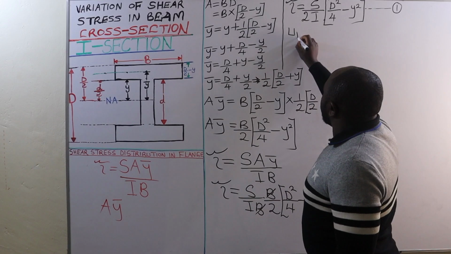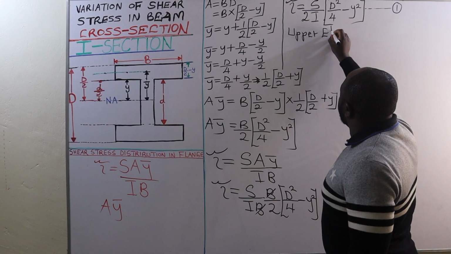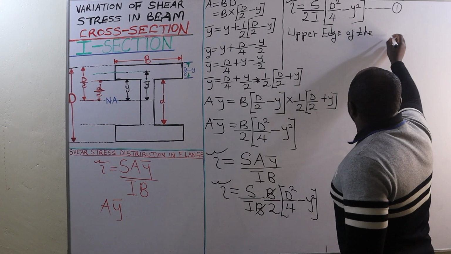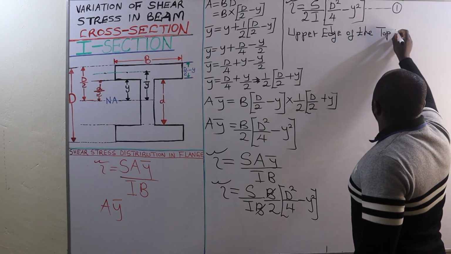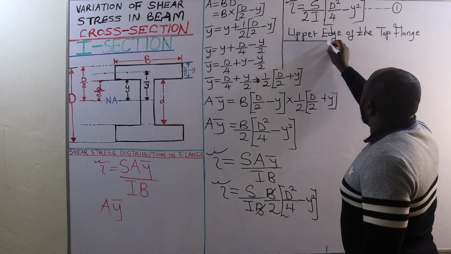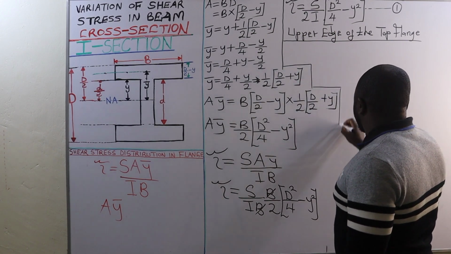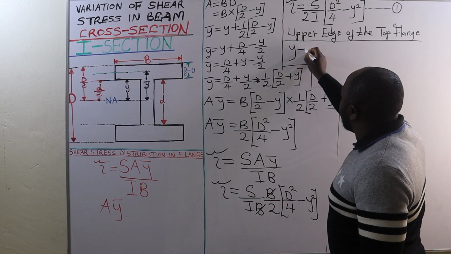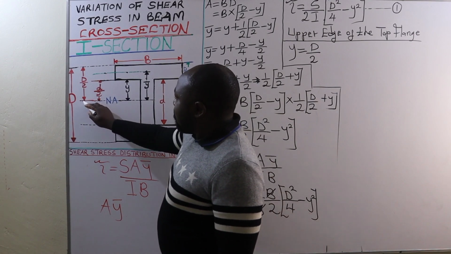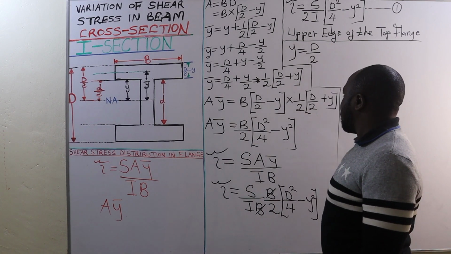And therefore, considering the upper edge of the top flange, whereby the value of Y is equal to D over 2. From the neutral axis to the upper edge of the top flange, Y is D over 2.